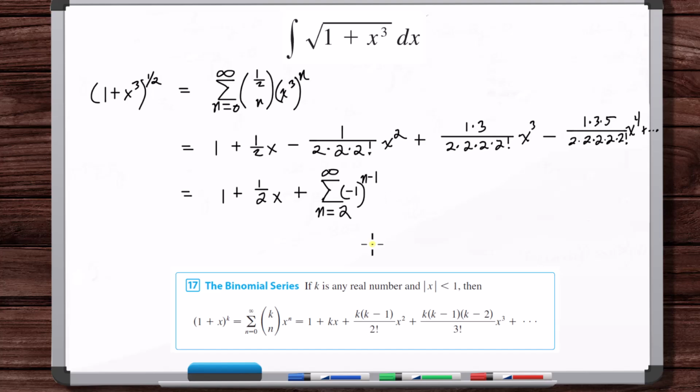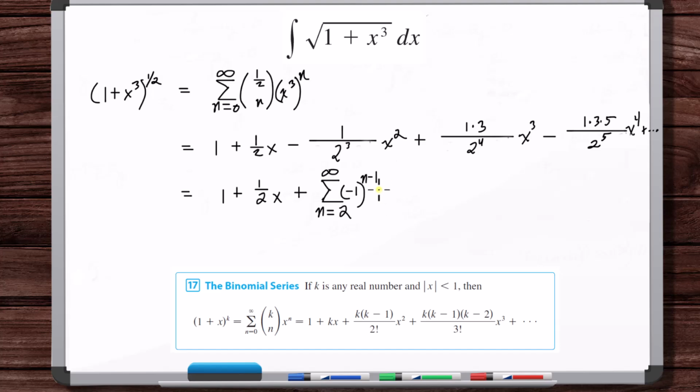So what we've got is 2 cubed, 2 to the 4th, 2 to the 5th. So 2 to the n plus 1, and then let's do the numerator first, actually.